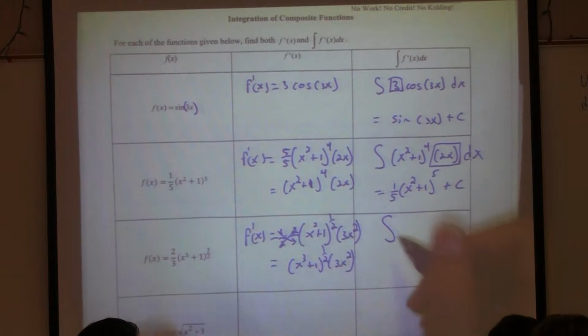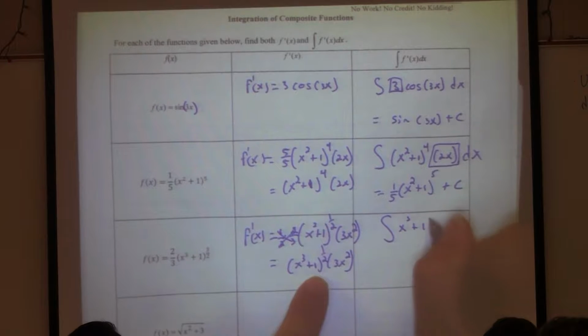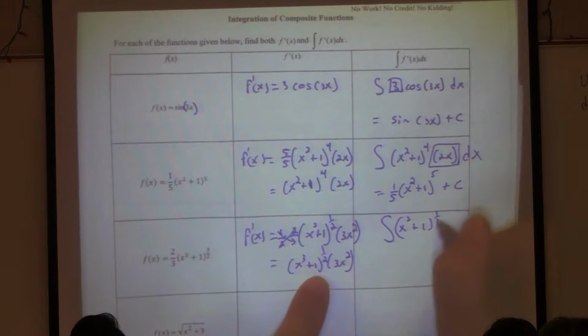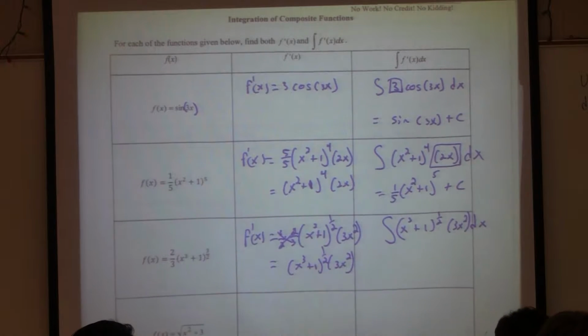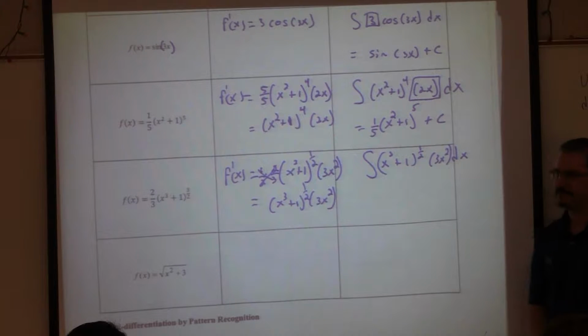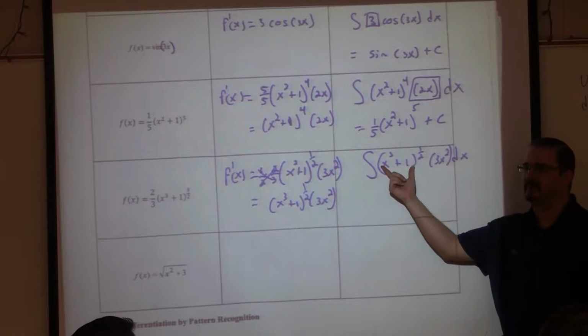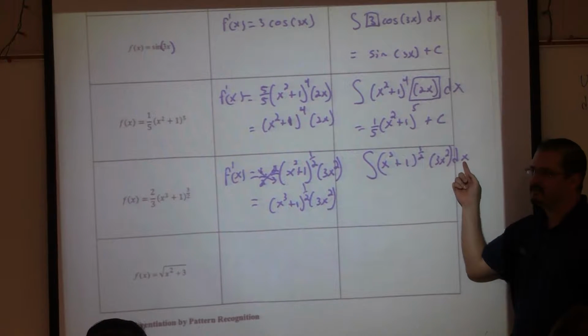So if they were to ask me to integrate this without knowing anything, without knowing that that was the derivative of something, how could I get its derivative quite quickly? What do we notice? This would be my u, what would be my derivative? 3x squared dx.